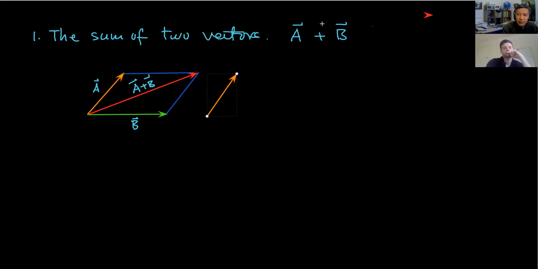Now, when we draw the second vector, instead of putting their tails together, we shift it to the head of the first vector. This is very practical. In this way, the sum of the two vectors is simply the connection from the first tail to the second head.